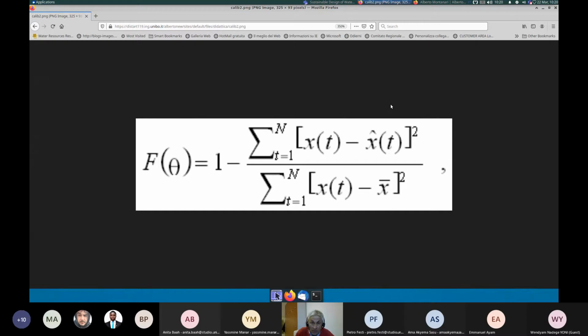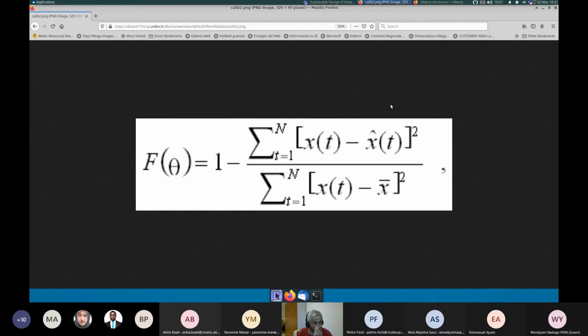And what are you expecting here? You are expecting that this ratio is lower than 1. Because if this ratio is 1, it means that the sum of squares of your model is equivalent to the sum of squares of the very naive prediction, so the model is useless.